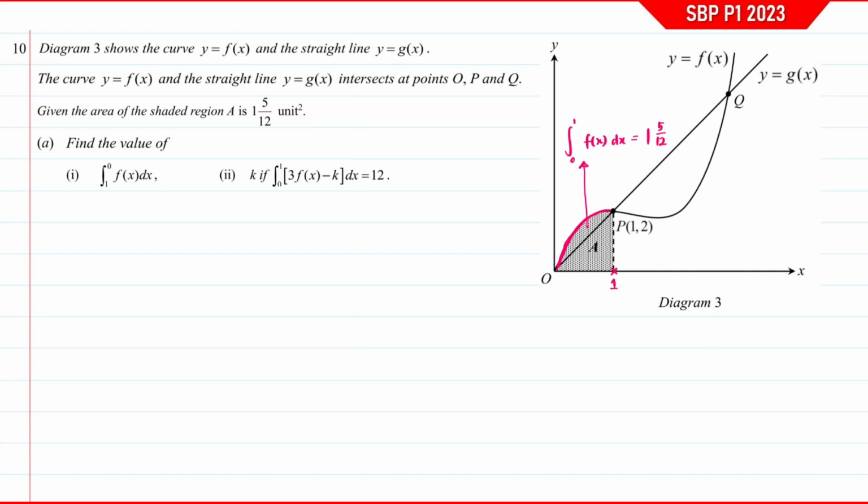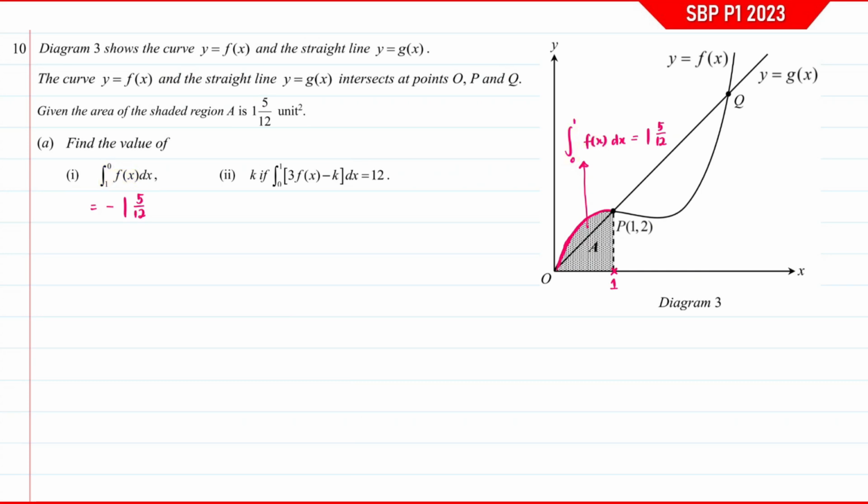So for question A1, the upper limit and the lower limit, if you compare to this one, are in reverse order. Therefore, the value will be negative 1 and 5/12, as both of them are integrating f(x).